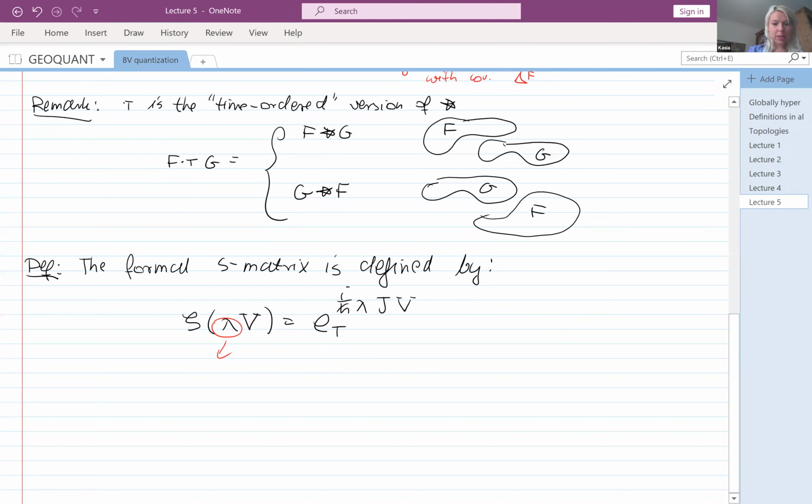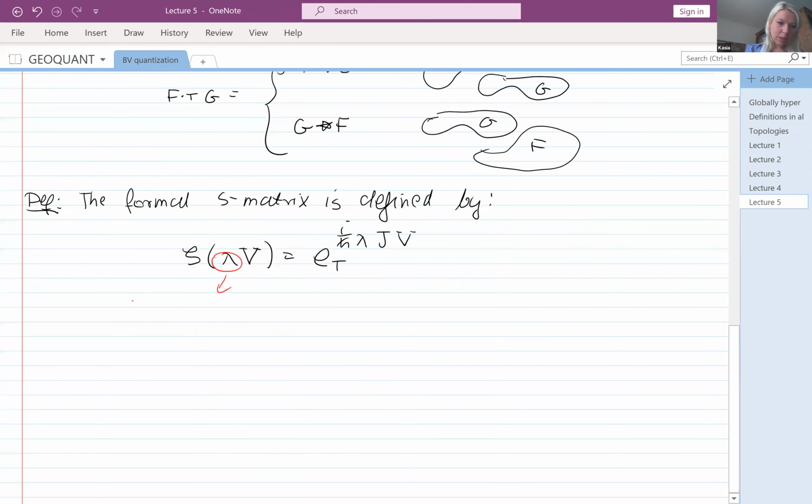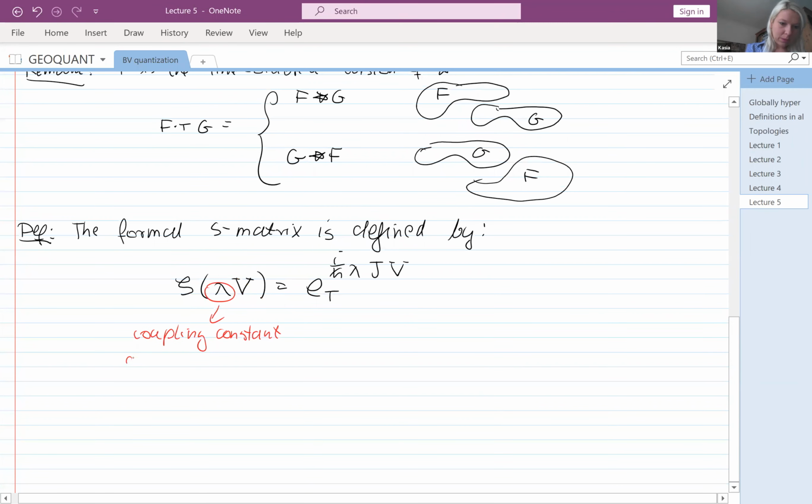So this lambda is now interpreted as the coupling constant. So V is the interaction we are introducing into the game. So lambda is the coupling constant, and for now, this is going to be another formal parameter. And V then is the interaction.